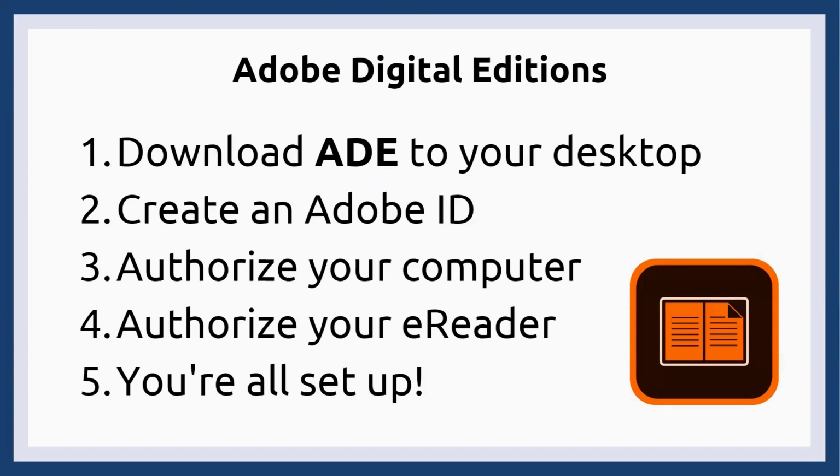You can get it from the Google Play Store or the Apple App Store. Or if you have a PC, it works on your PC computer like I'm using today. But essentially, you would download Adobe Digital Editions and create an Adobe ID. It's going to ask you to create an ID so you can log in. And then you're going to authorize your computer. And I'll show you how to do that in a moment.